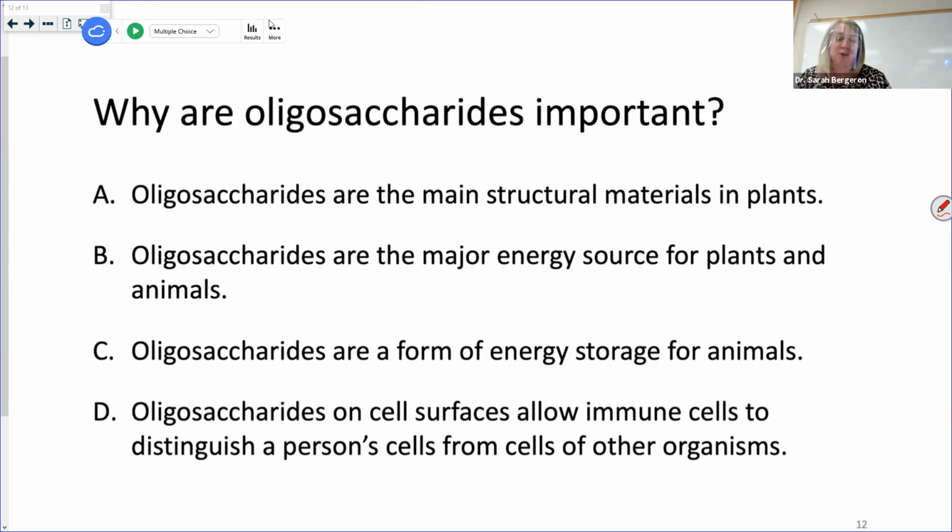We got 2. I actually have 2 more. So this one and 1 more. Okay. Why are oligosaccharides important? 10 seconds.